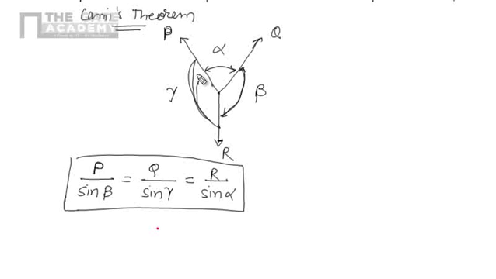But the condition where we can use Lami's theorem is that it should be coplanar concurrent forces, there should be three forces, and the body should be in equilibrium. With the help of this expression, we can find out the values of P. So it was all about equilibrium, 2D equilibrium, 3D equilibrium and the special case Lami's theorem.